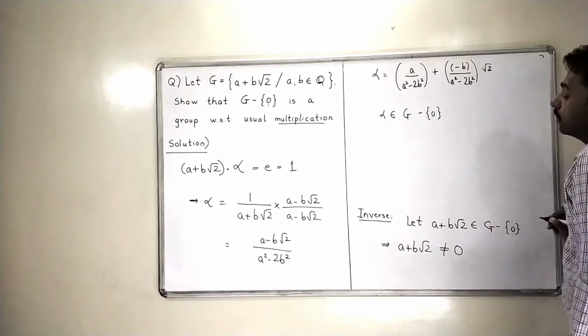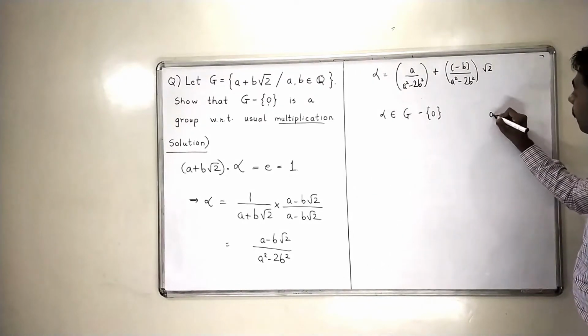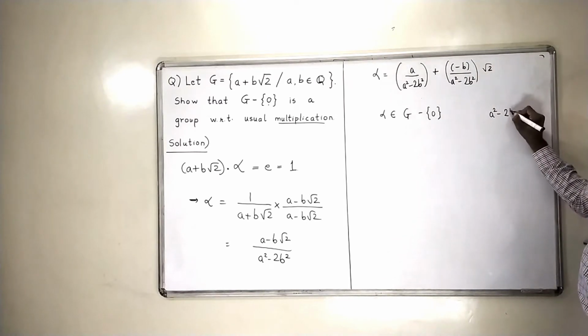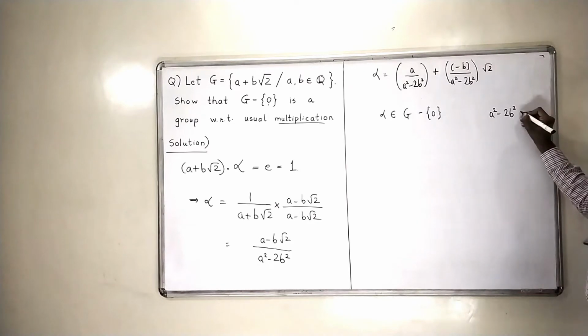Now the only question you should have in your mind is: what will happen if this denominator becomes 0? So will the denominator become 0? We have to ensure that. Suppose it is 0, what will happen?